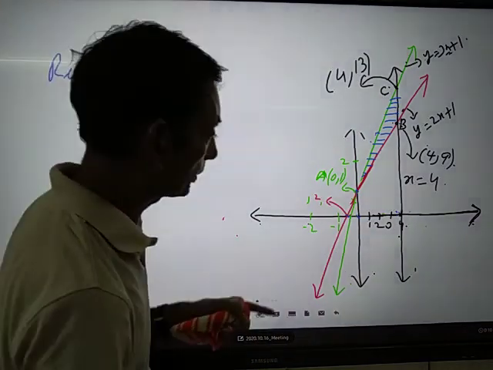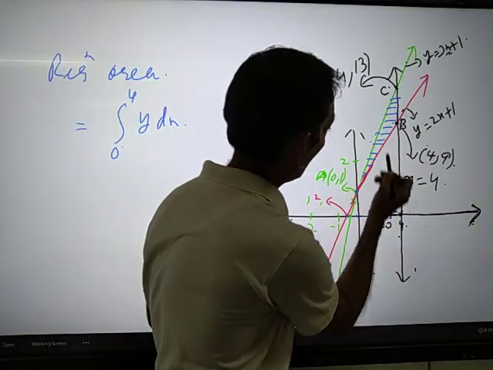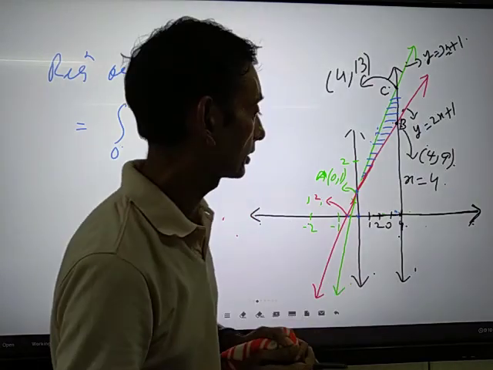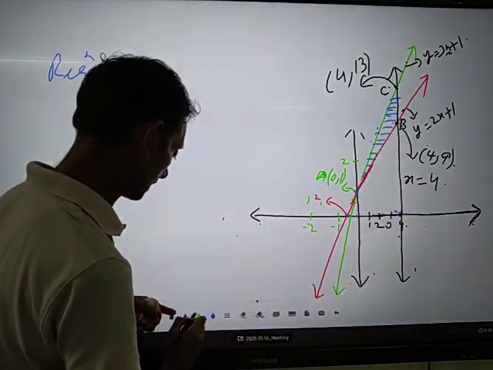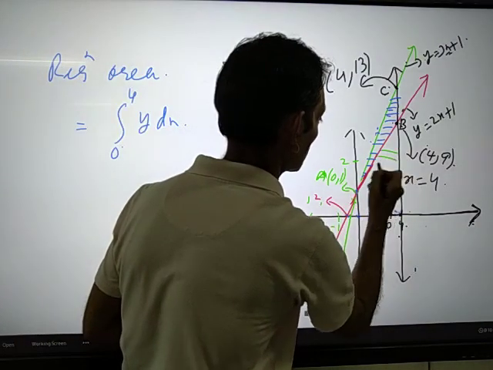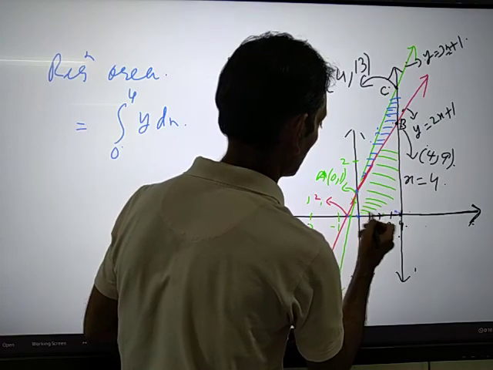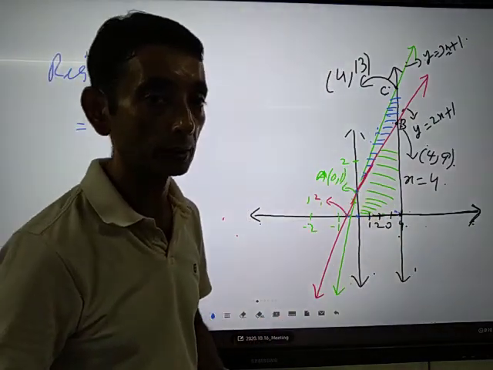But if we integrate from 0 to 4 with this line, we will get the shaded portion along with this other portion, which we actually don't need.